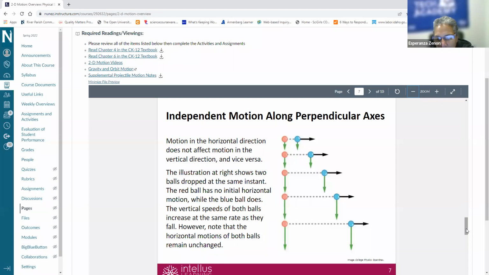Vertically, it is accelerating because of gravity. Okay, so we know how to deal with the free fall, and we know how to deal with horizontal motion if the acceleration is 0. It just means horizontally it's on cruise control, but vertically it's free falling. And it's doing both of these things at the same time for the blue object.